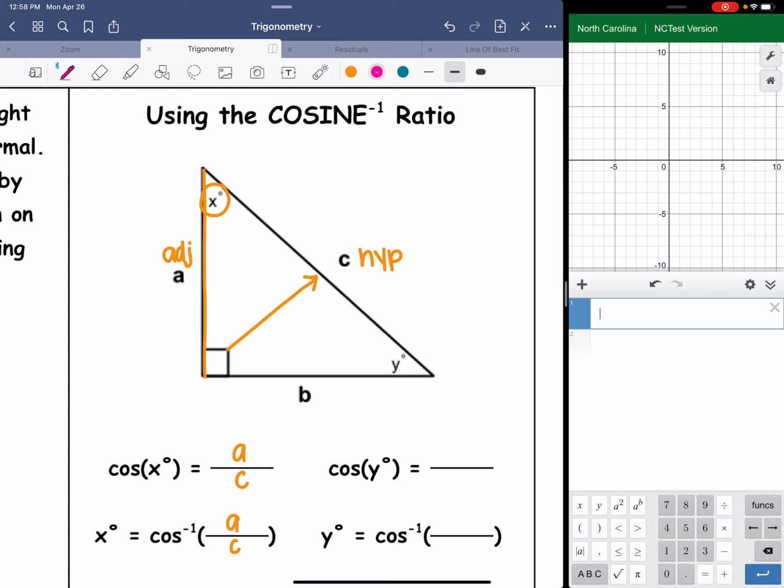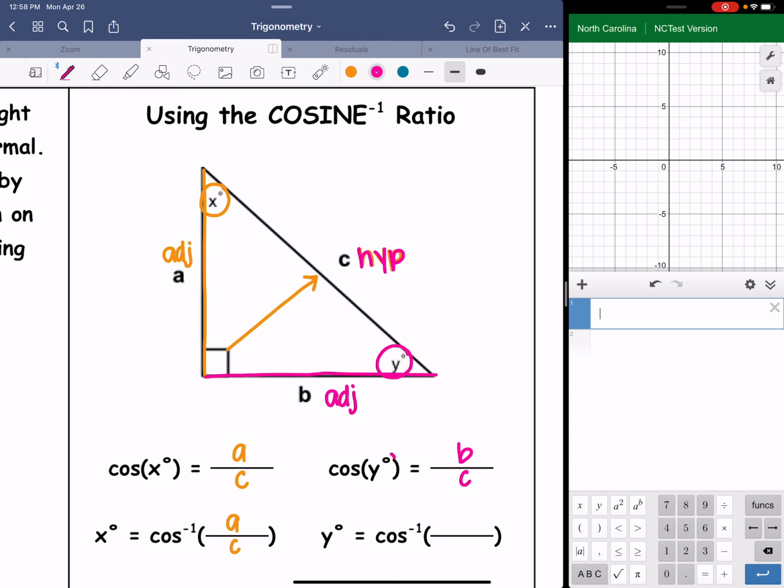Now, if I wanted to find the cosine of y and use that to find the angle y, we would do the same thing using angle y. We would set up the ratio of the adjacent side to y and the hypotenuse. So the cosine of y would be b over c.